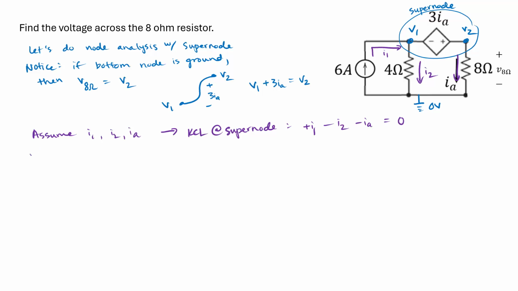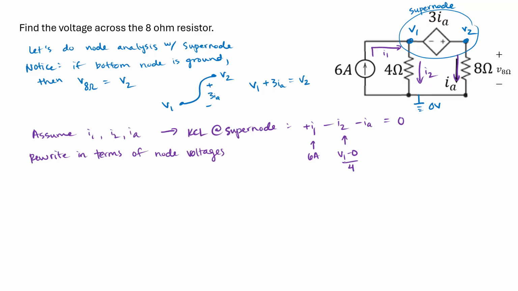Our next step is to rewrite the supernode equation in terms of the node voltages. And if we do this, we determine that I1 is 6 amps. I2 will be given by (V1 minus 0) over 4.